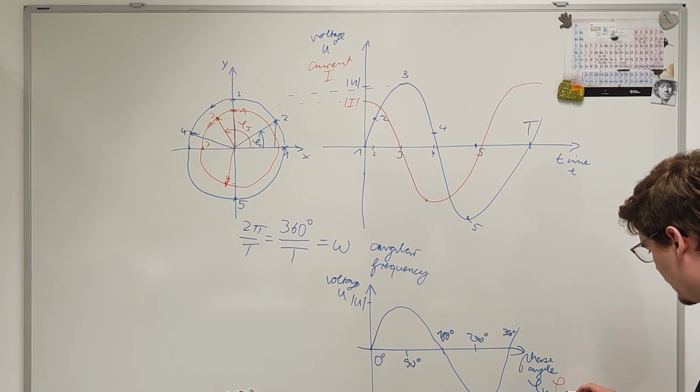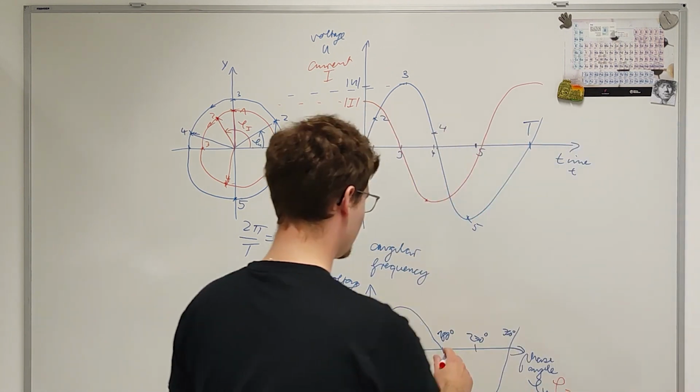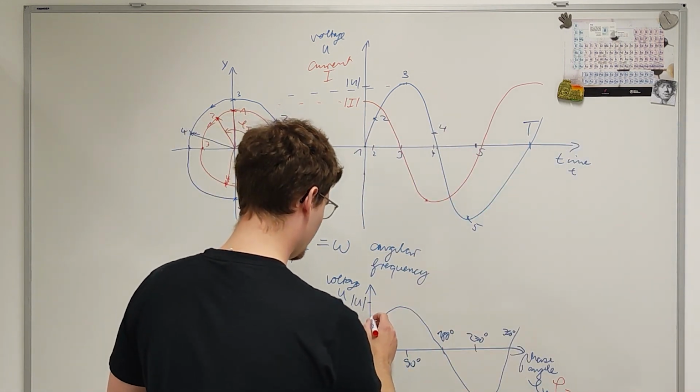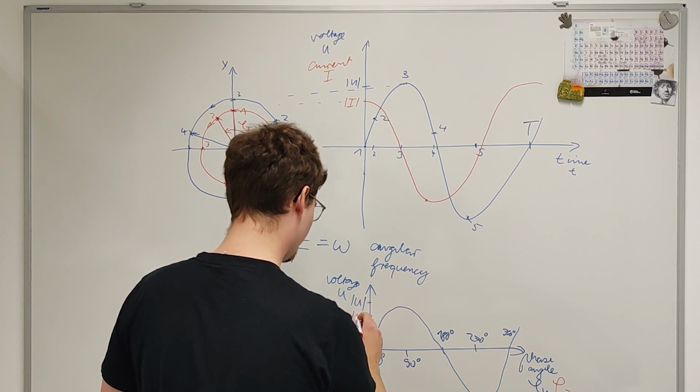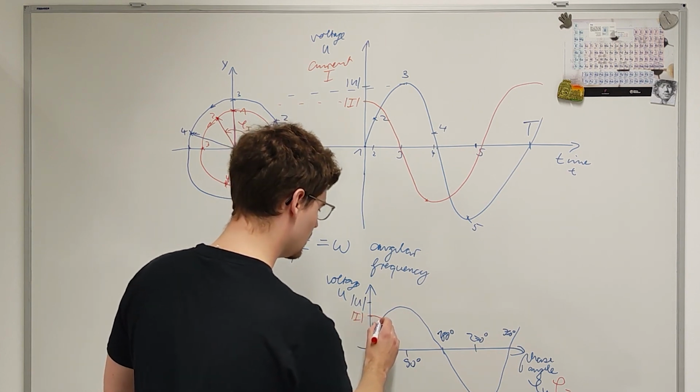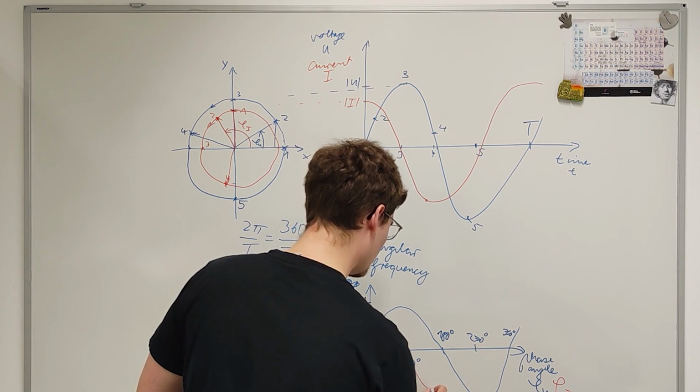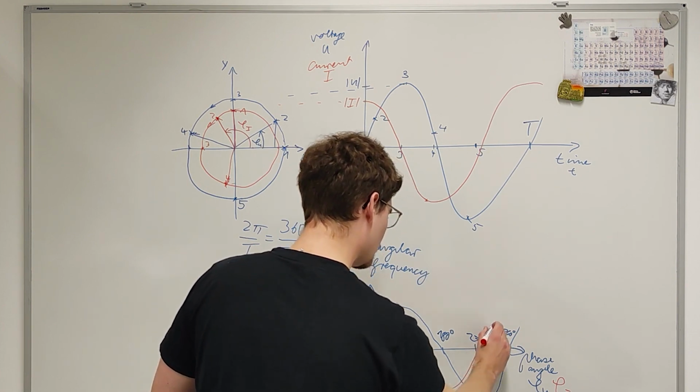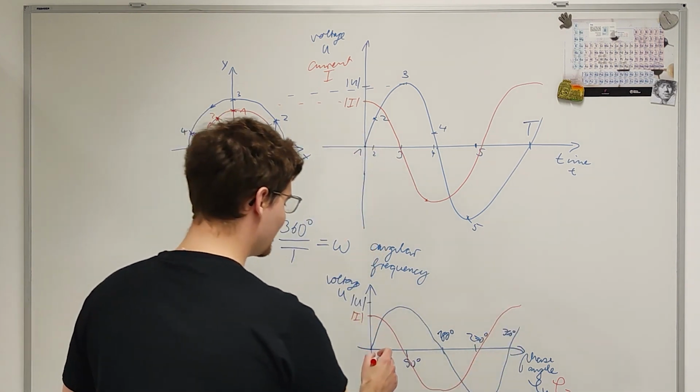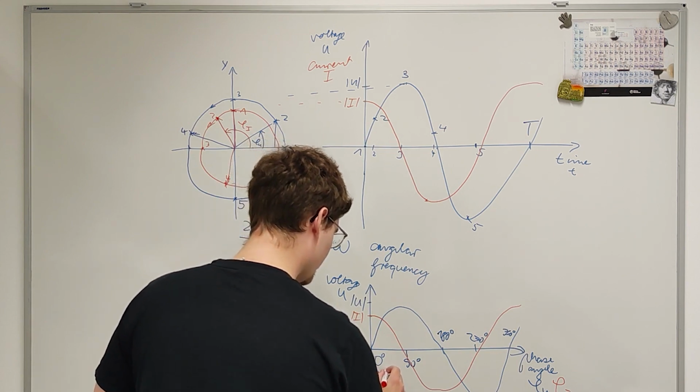I will add the phi I to the axis. It's written in red. So we start here, slightly lower, have a different amplitude. And we start here at 90 degrees.